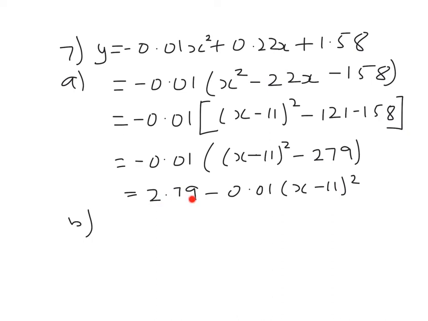So 2.79, take away 0, we're going to get 2.79. So the maximum value is 2.79, and it occurs when x equals 11. When x is 11, that's 11 minus 11 is 0, so it's taken away nothing. The fact that that's squared means that the minimum value of this whole expression is 0.